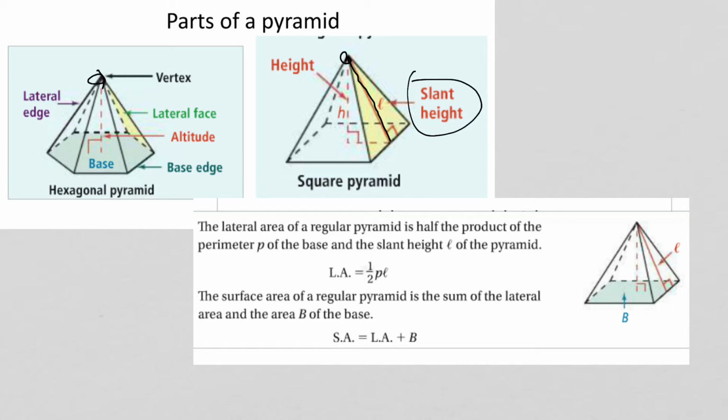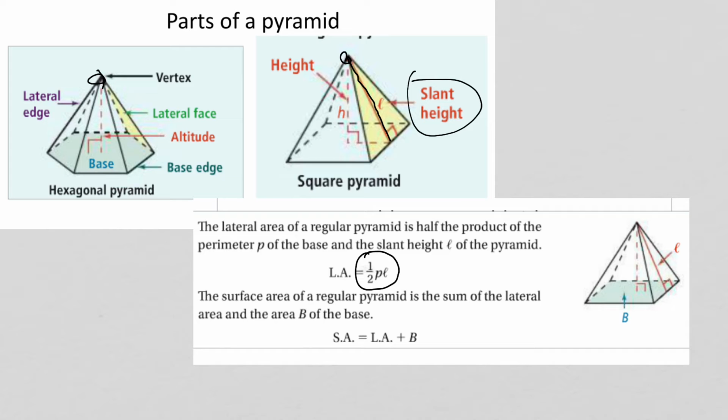All right, so the lateral area of a pyramid is right here, half the product. I'm going to be multiplying the perimeter of the base, P, by the slant height. So the lateral area is taking all those lateral faces, the perimeter, multiplying it by the slant height and doing half of it.